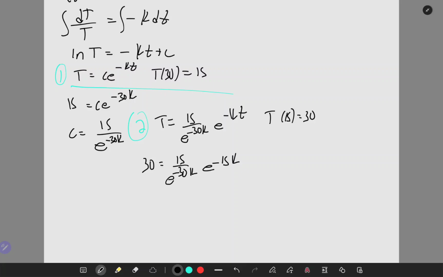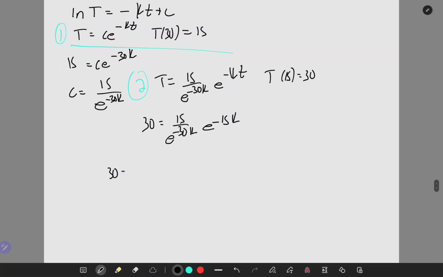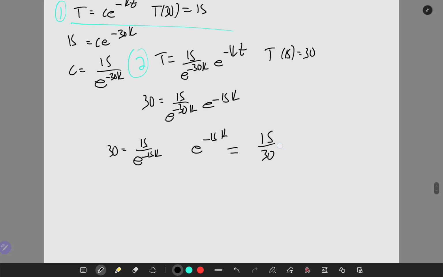So this can simplify. e to the minus 15k over e to the minus 30k will become e to the minus 15k, right? So then I guess we can solve for k. e to the minus 15k is equal to 15 over 30. 15 over 30 is 1/2.